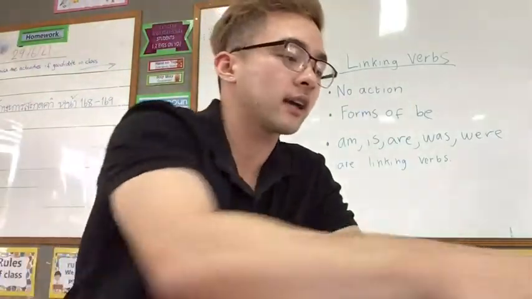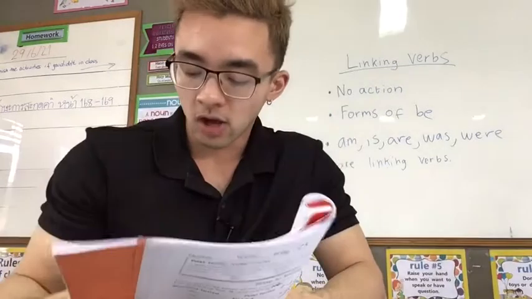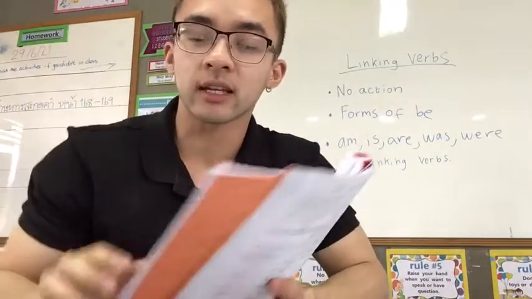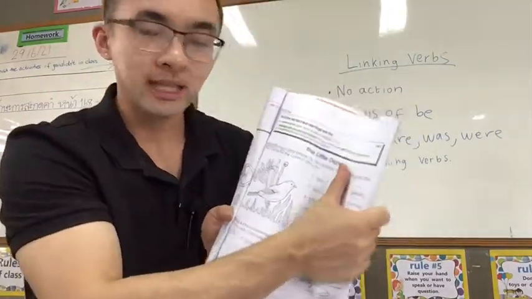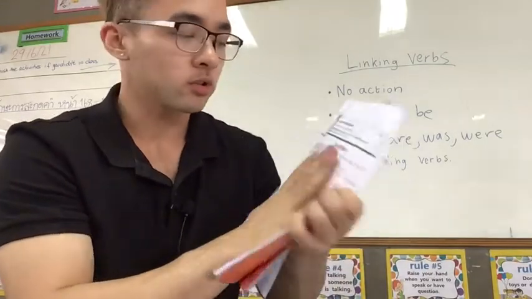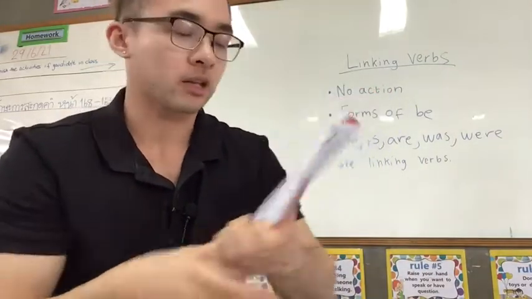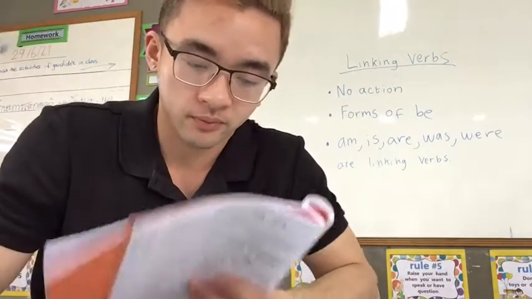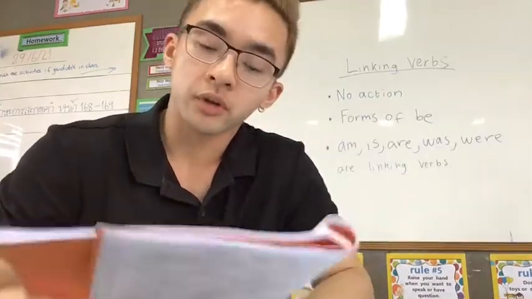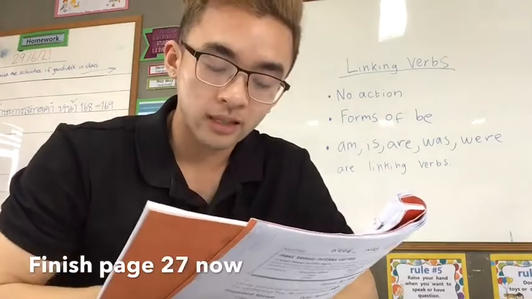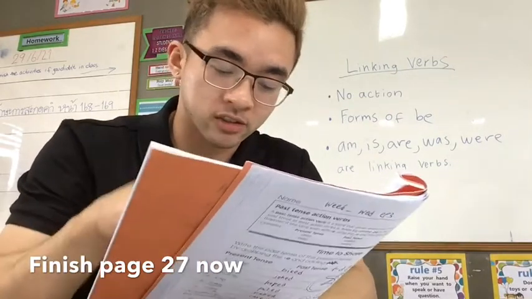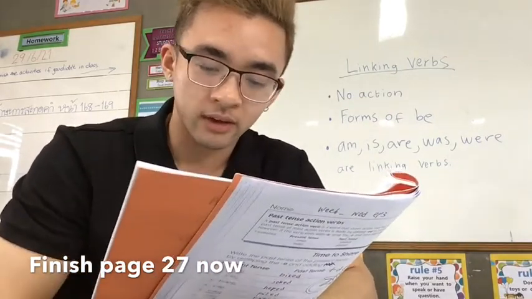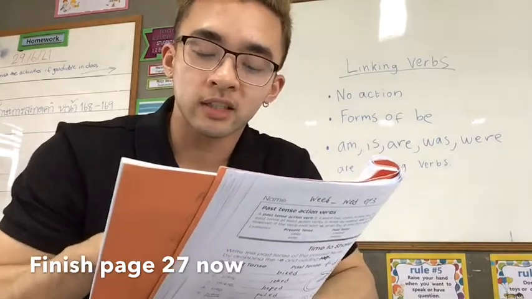Okay, well done guys. Now, let's look at page 27 in your grammar book. Teacher Alex wants you to read The Little Dipper now. I want you to finish The Little Dipper. Questions 1 to 6.